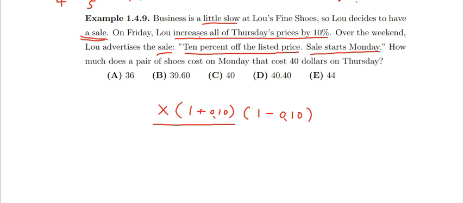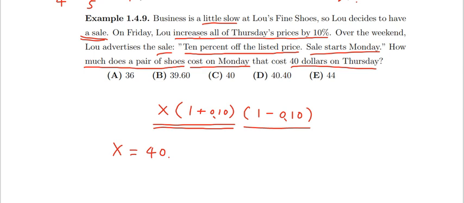The question is: how much does a pair of shoes cost on Monday, if it cost $40 on Thursday? So this means x equals 40. Then Friday is this, then starting from Monday is this.